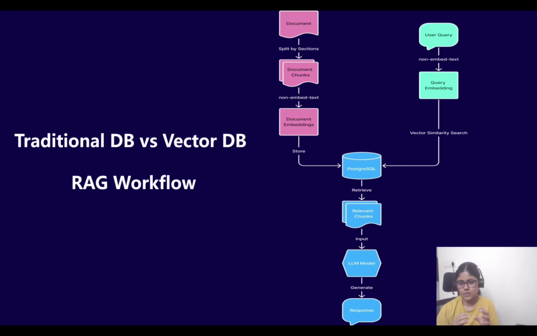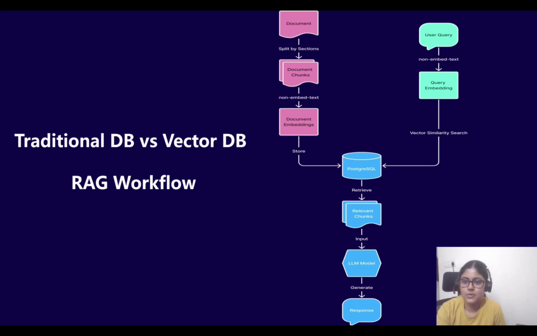Chunking is a process I'm sure people are aware of by now, with so many things floating around AI these days. It would take certain bits and pieces of the table and convert them into embeddings. An embedding is nothing but a numeric representation of the textual or any kind of data that you have, which computers or algorithms understand, and it would be fed into the PostgreSQL database in this scenario, since we are discussing Postgres.